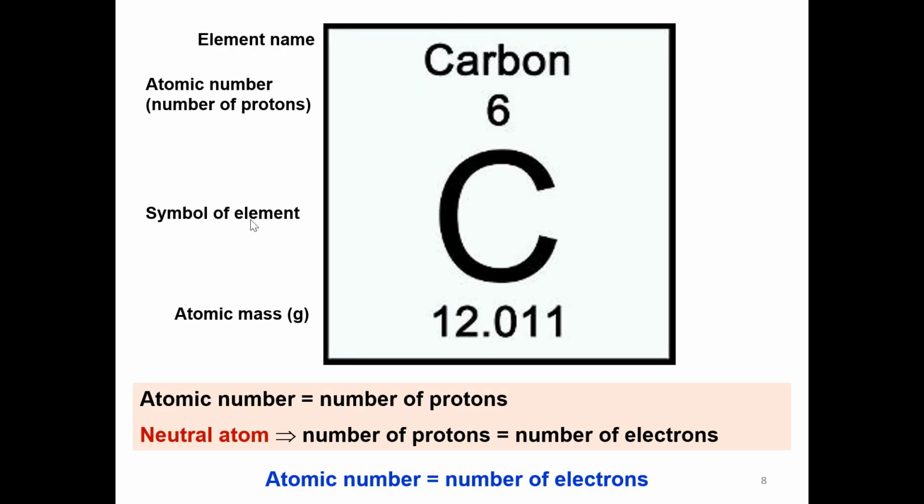Then you will find the symbol of the element, which for carbon corresponds to C, and this number corresponds to the atomic mass. In case of neutral atoms, the number of protons equals the number of electrons. Then we can conclude, in case of neutral atoms, the atomic number equals the number of electrons. Then this number above the symbol corresponds to the number of electrons.